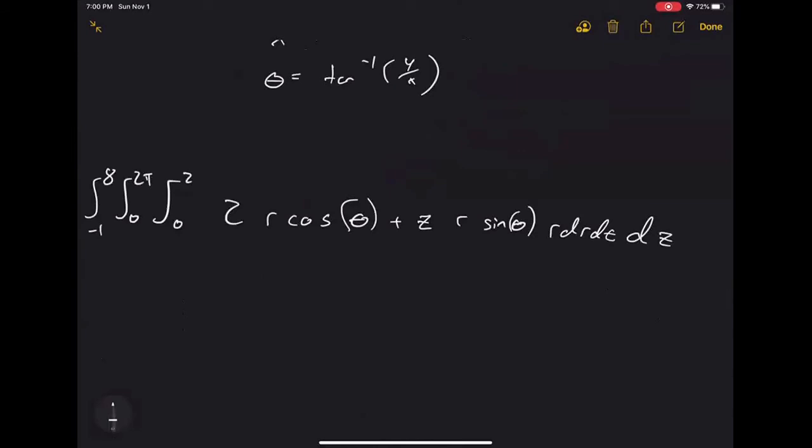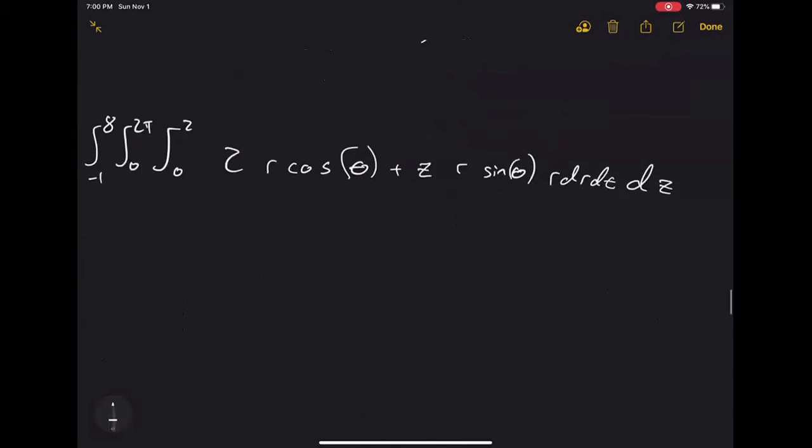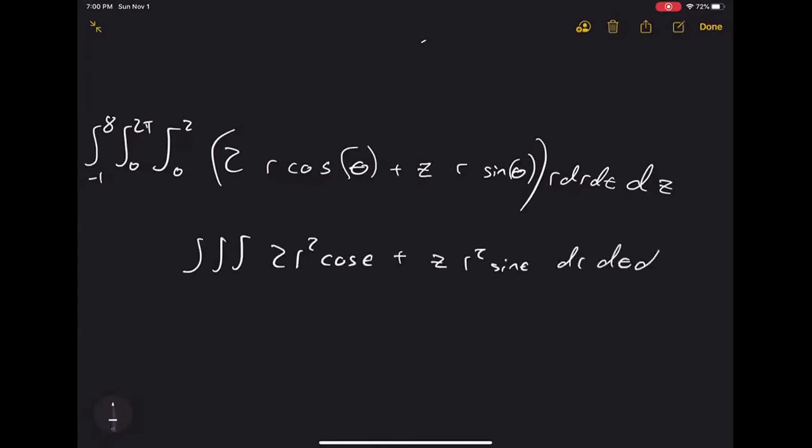And then the rest is just integrating. Make sure to multiply by this r that goes with your r dr d theta. Make sure to distribute that to everything in your integral. When I distribute that r, we get 2r squared cosine theta plus z r squared sine theta. Let's integrate in terms of r first.